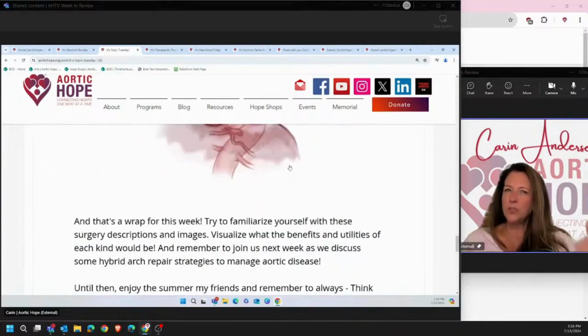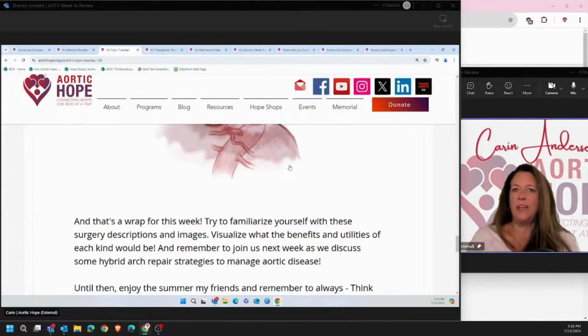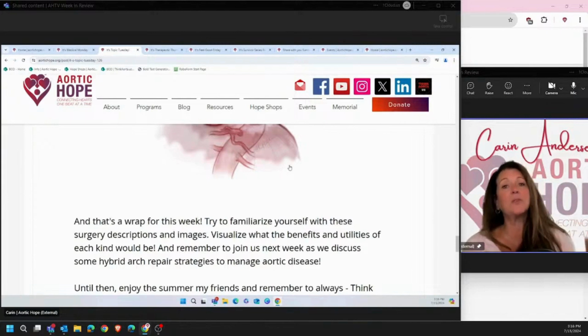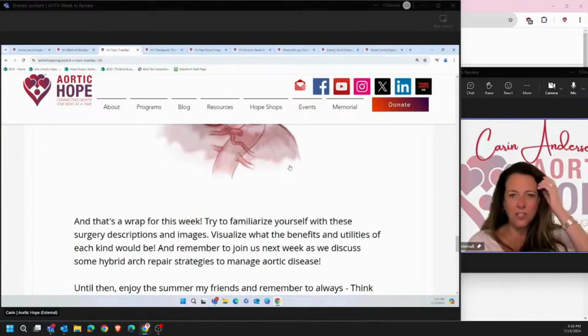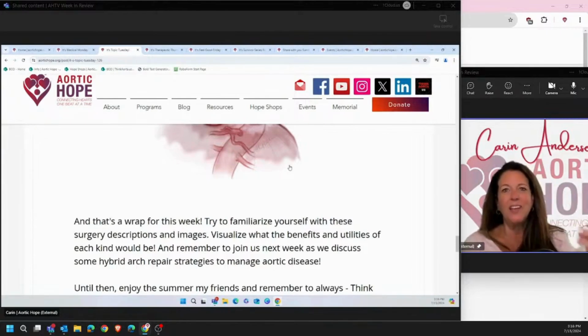Try to familiarize yourselves with these different surgical techniques, because maybe it's a scheduled aneurysm that's coming out and it's just going to be a simple repair of the ascending, or you've had a dissection and your loved one needs to understand what's going on, or you're having a procedure because you've had some other vessels impacted after an initial dissection repair and now you have to go back in.